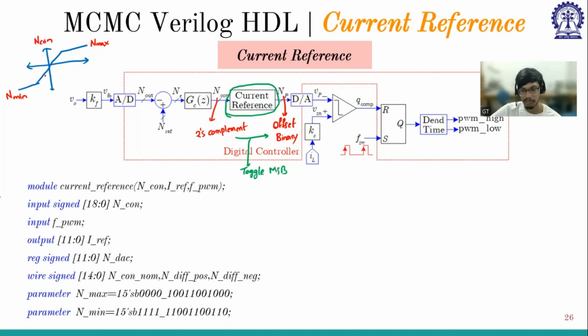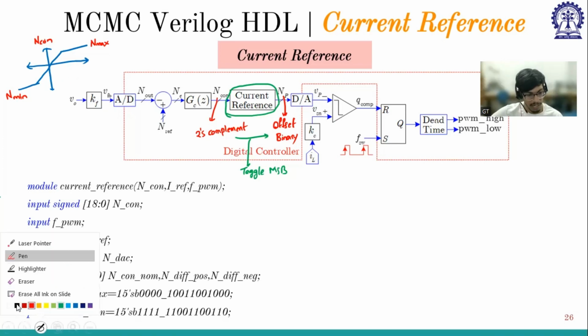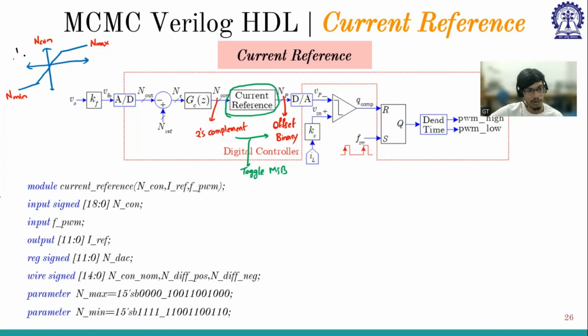The inductor and all the switches might have some current requirements, and even during transient or any situation, we don't want the current to cross certain limits. So the saturation limit will act like a protection. So these are the two reasons why we need the current reference block. We are changing the representation from 2's complement to offset binary, and also providing the protection.